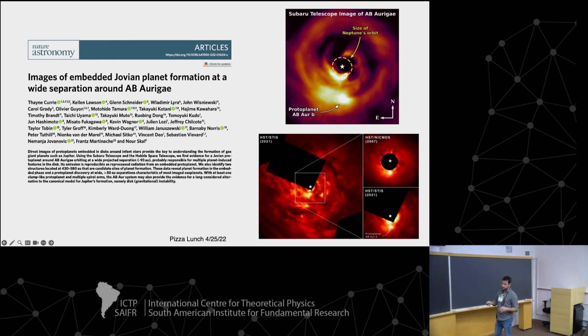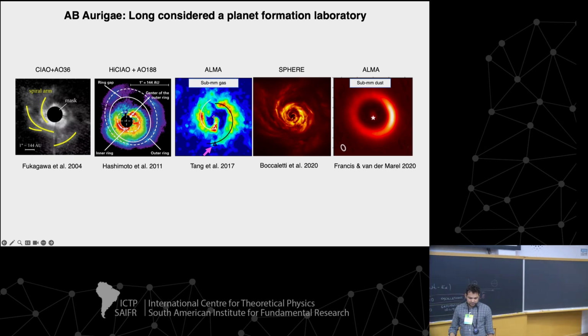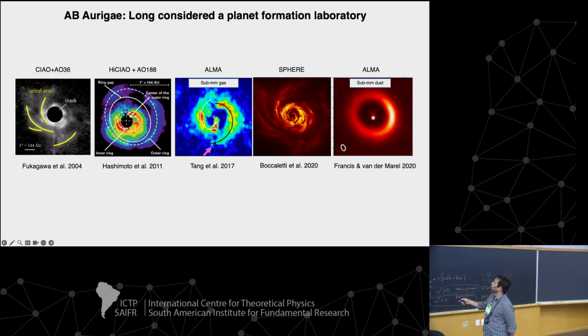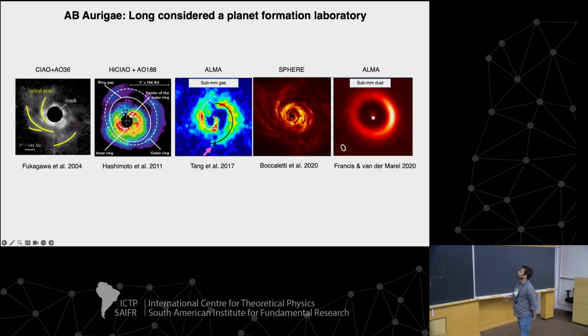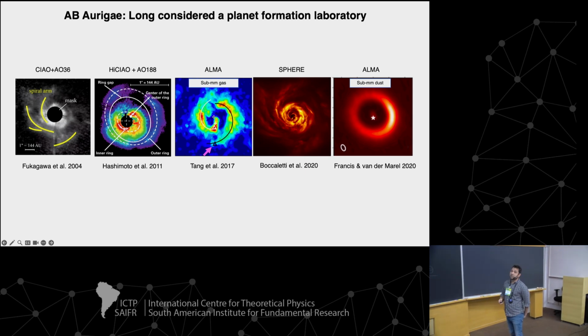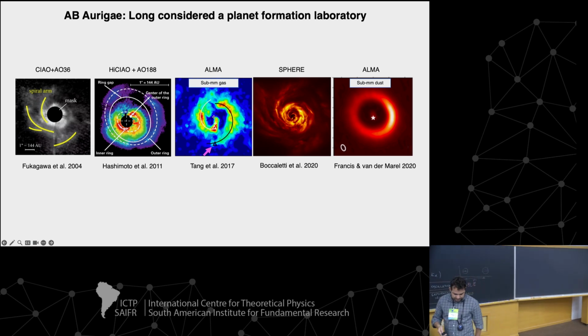This is AB Aurigae b. AB Aurigae has been imaged in several different wavelengths. You see here, this is an ALMA observation. These are HST observations. This is with VLT, and this is with ALMA. So this is ALMA in the gas and ALMA in the dust.